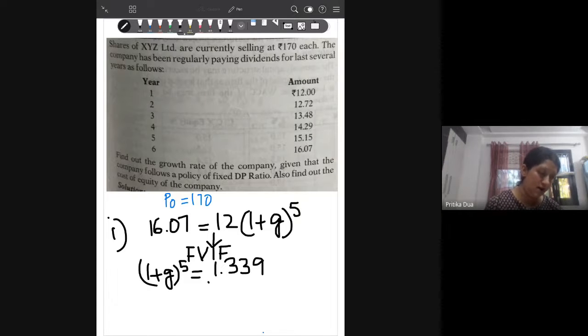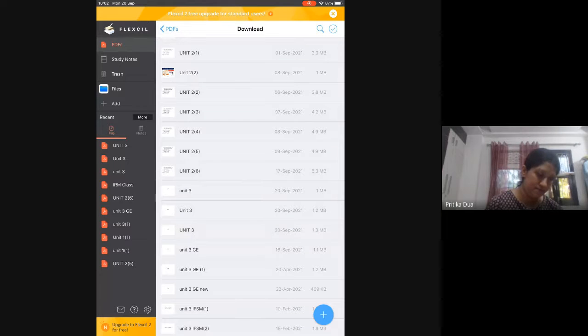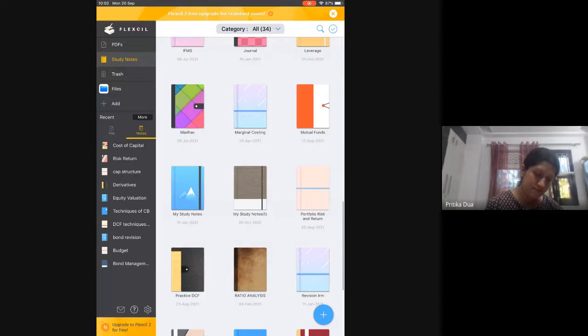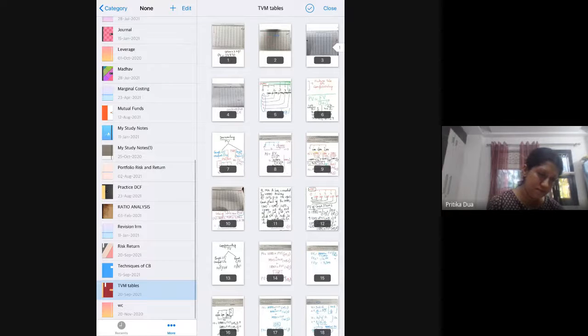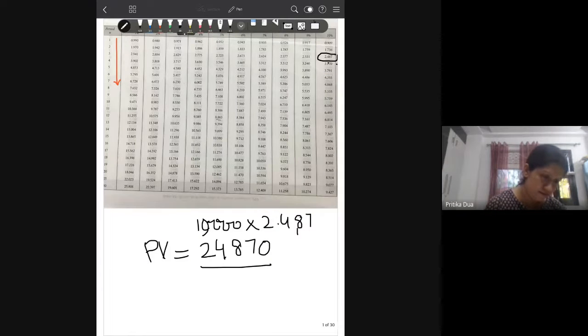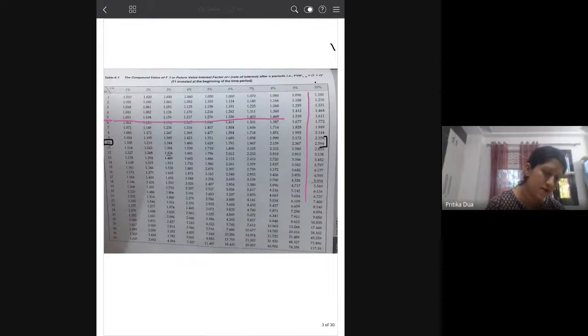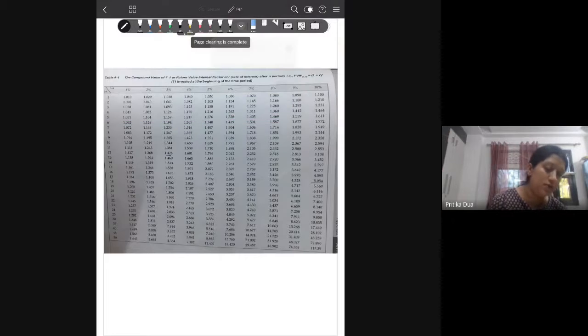I'll see if I can move to the table here. Okay, so on your screens, you can see the future value interest factor table.